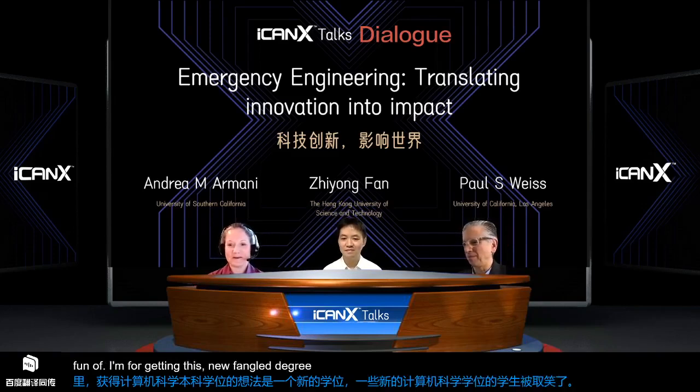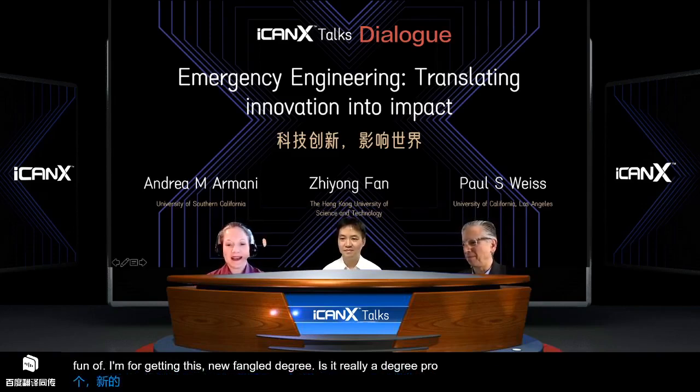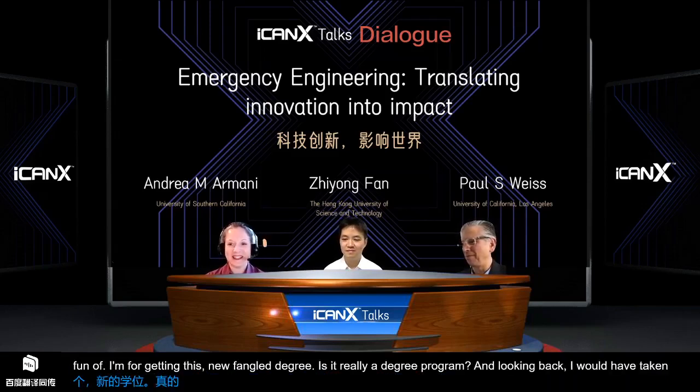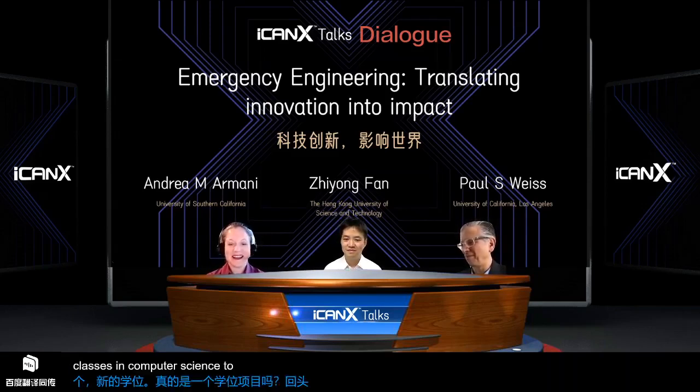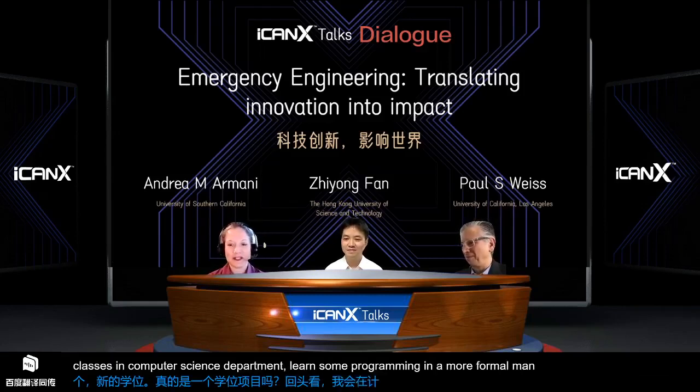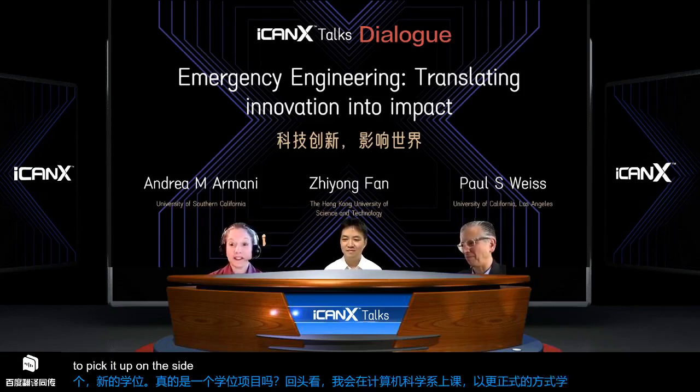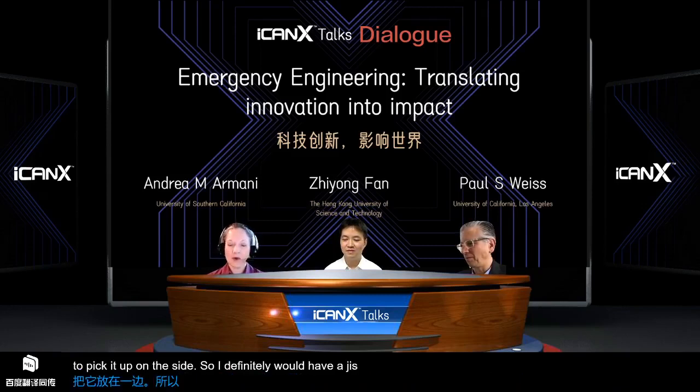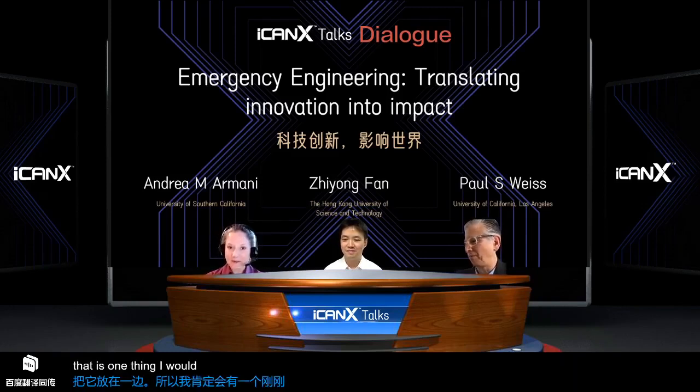Is it really a degree program? And looking back, I would have taken classes in the computer science department, learned some programming in a more formal manner as opposed to trying to pick it up on the side. So I definitely would have gotten a more rigorous computer science education. So that is one thing I would have done differently.